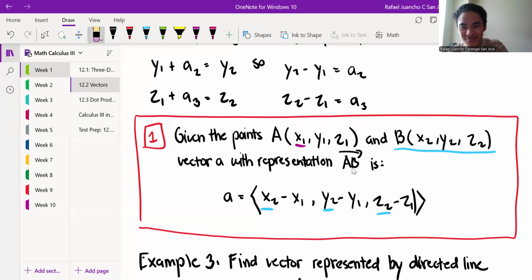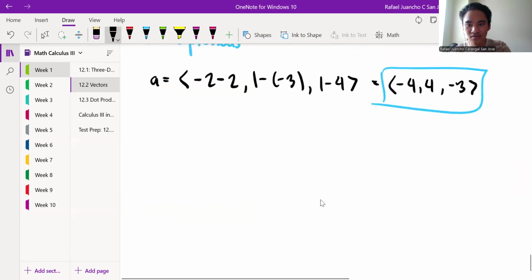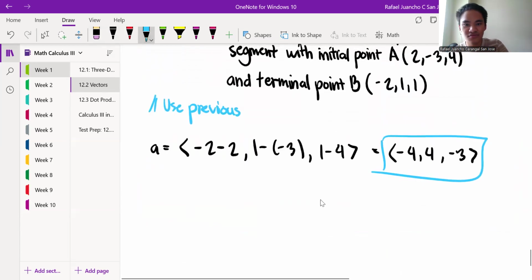But this formula was correct. Okay, that's that. Previous formula.